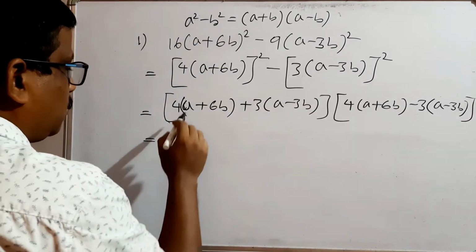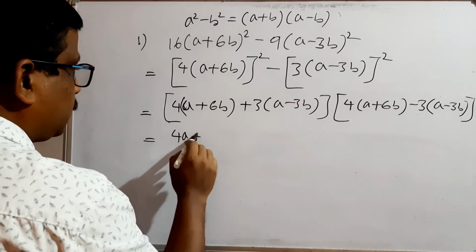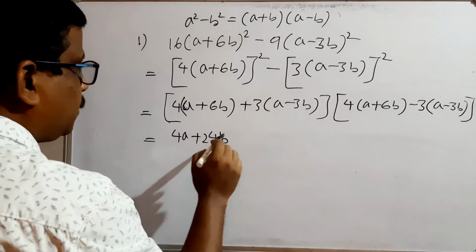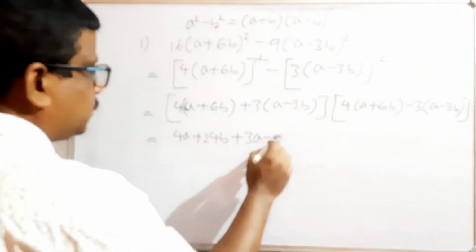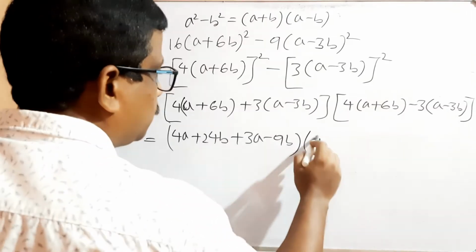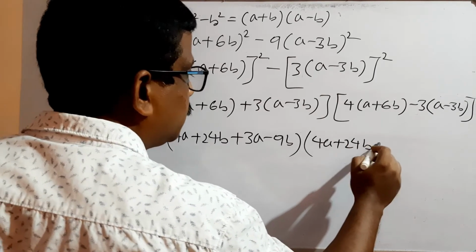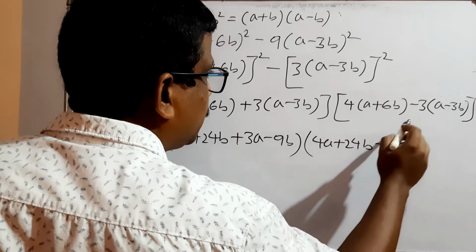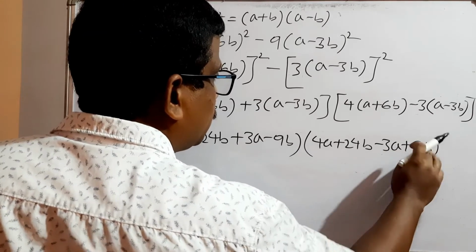Now multiplying: 4a plus 24b plus 3a minus 9b, and here 4a plus 24b minus 3a plus 9b.